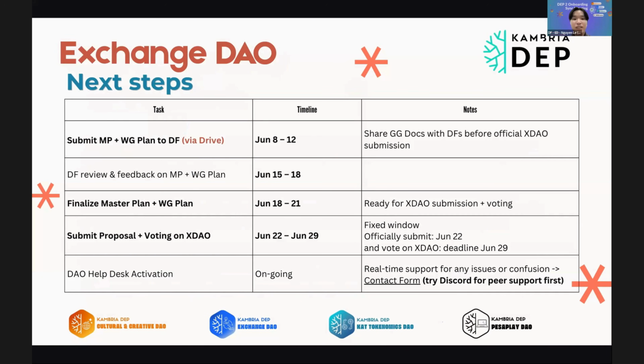We have finalized the master plan and working group plans, so for now you have the opportunity to revise based on the DAO facilitator feedback, making adjustments or corrections if needed, and prepare to submit the final proposal and vote on XDAO. There is a fixed window from June 22nd to June 29 to officially submit your proposal and vote, with the due date on June 29. Please pay attention to the timeline and do everything on time and promptly.